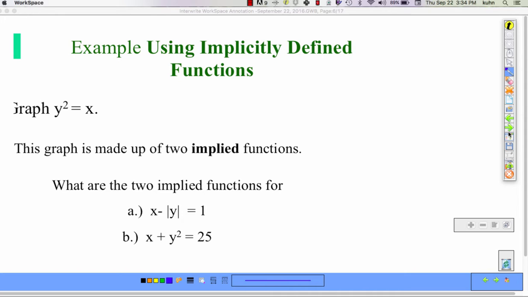Using implicitly defined functions. We had this come up at the beginning of chapter 1 when they asked, is it a function? Implicitly defined functions just mean the graph is made up of two implied functions. For example, if I was to solve this for y, I would take the square root of both sides and I would get y equals plus or minus the square root of x.